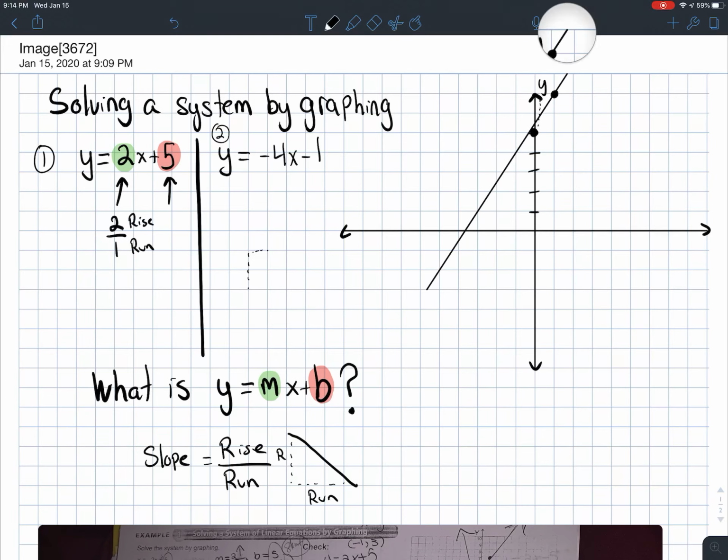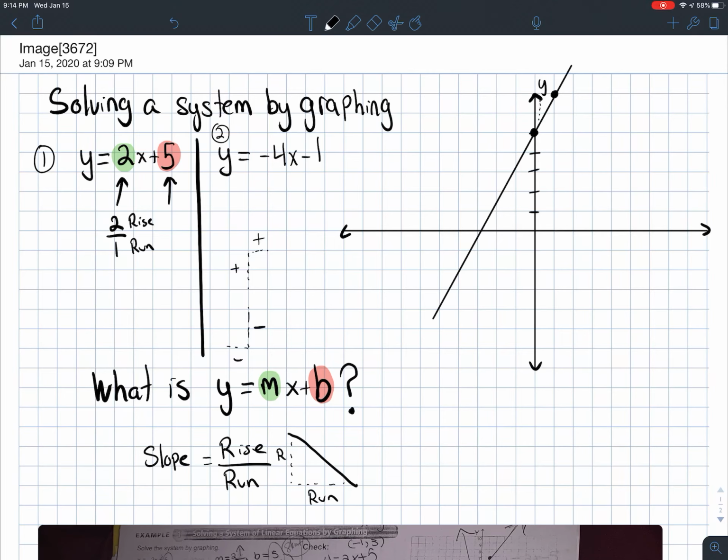Now the reason I'm drawing the line first is just so you can see that this is not necessarily only going to go up, but we also have to go down and to the left. So slope can go in either of two directions. We can have a positive rise and a positive run, or we can have a negative rise and a negative run.